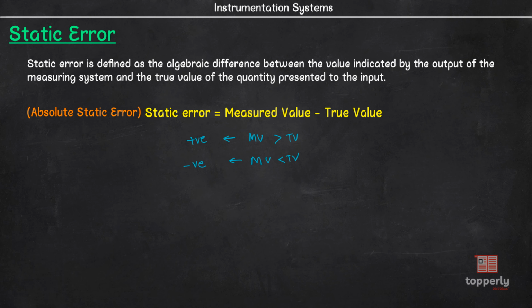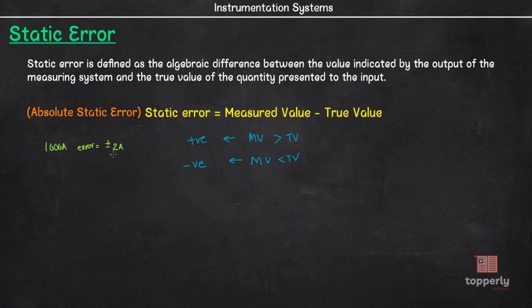Now, this absolute static error has a drawback. It does not precisely indicate the accuracy of measurements. As an example, say you are measuring a current of the order of 1000 ampere and the error in measurement is plus or minus 2 ampere. The error of plus or minus 2 ampere is negligible in this case.